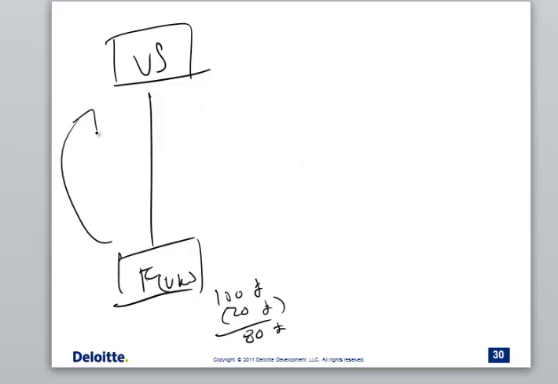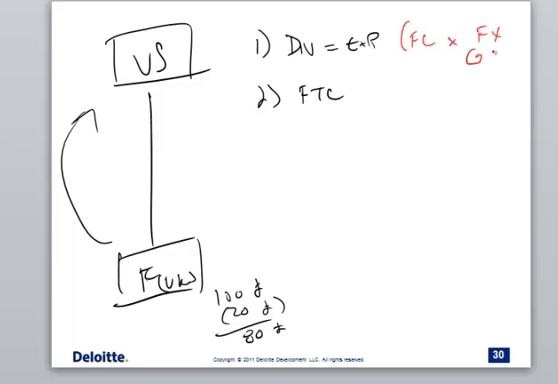But when you repatriate, you do two things, right? You pick up a dividend equal to E&P. And then the second thing is you take a foreign tax credit for the taxes paid by the foreign sub. This amount is kept in FC and multiplied by FX at the date of the dividend.